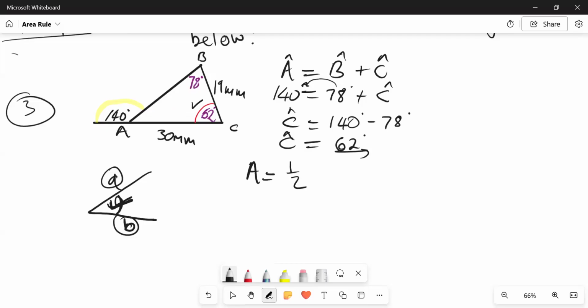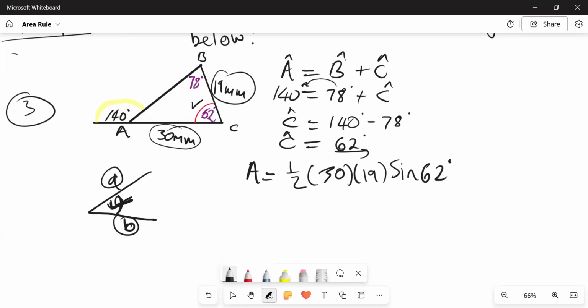Now, you have side 30 there, which is side AC, which is 30 millimeters. Sorry, my 30 is so messy. And then side BC, which is 19, right? Sine our included angle, that's sine C. So angle C, that's 62 degrees.